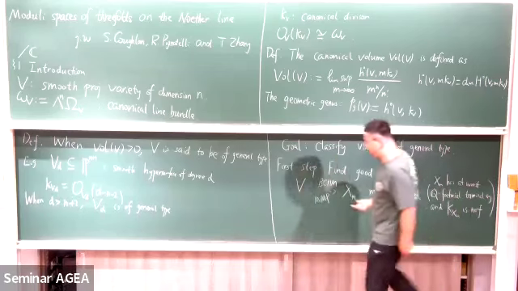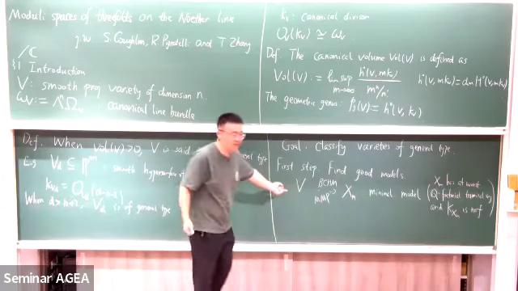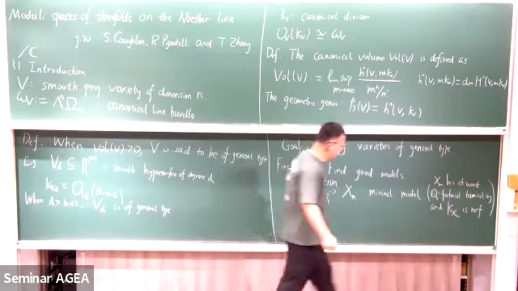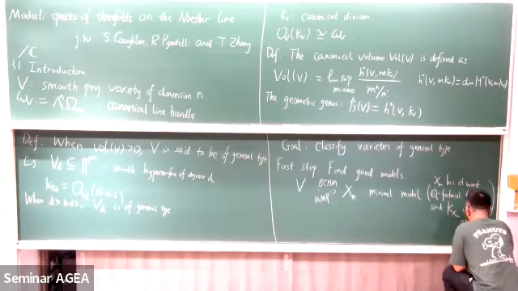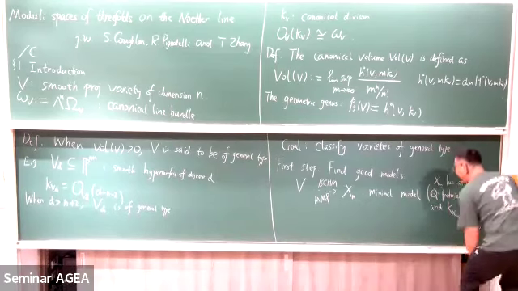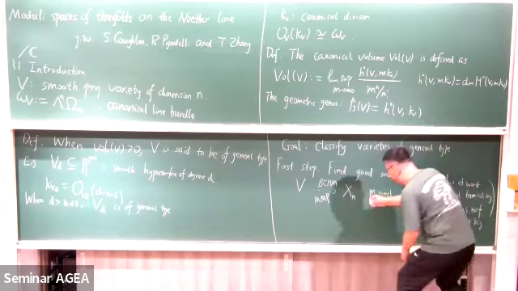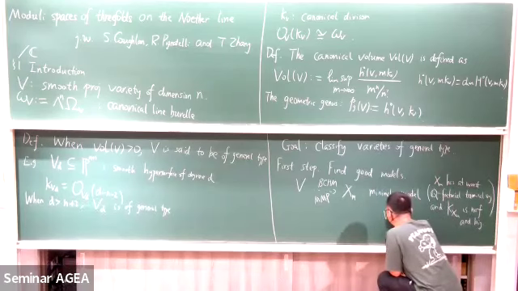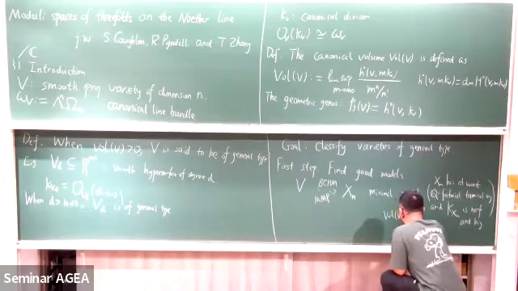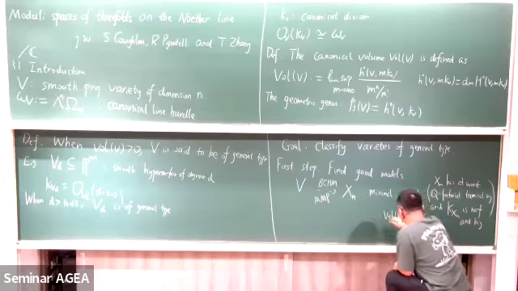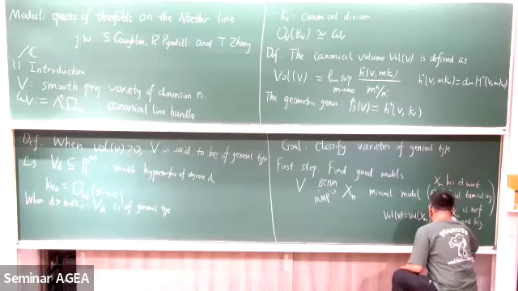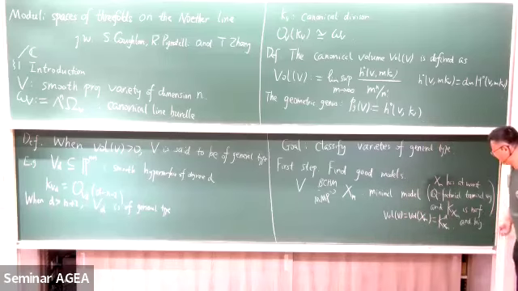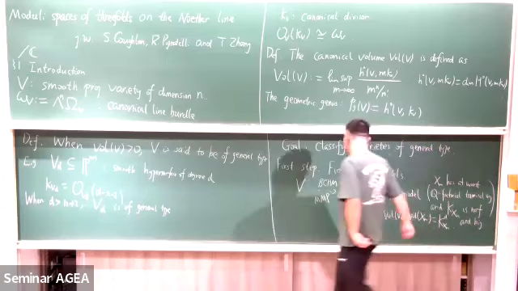Because we only consider varieties of general type, this is not only nef, but also big. And you will find that the canonical volume of V is just the canonical volume of this minimal model, the self-intersection number of the canonical divisor.